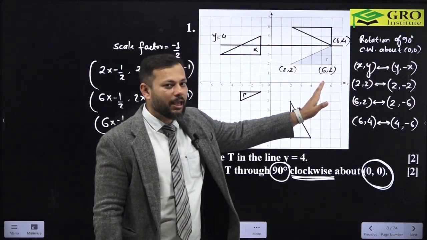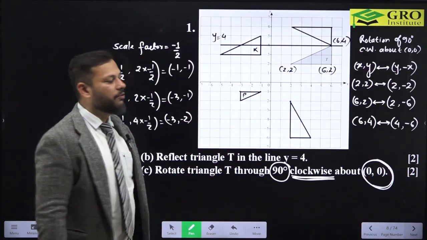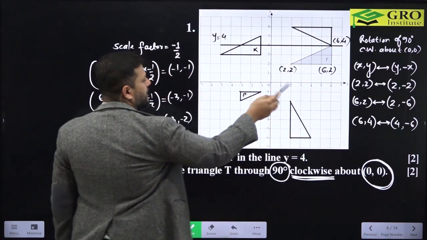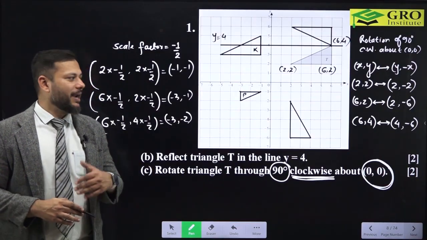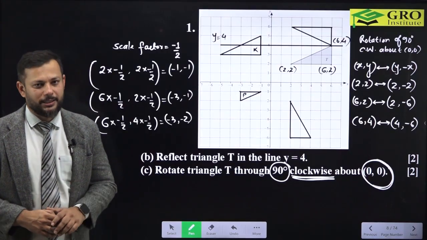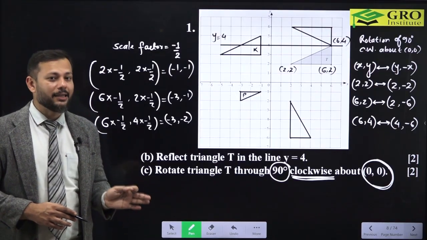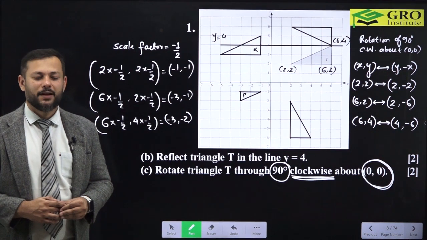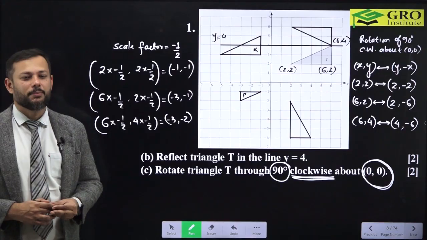We have enlarged triangle T to triangle P, and we also have done the single transformation wherein we got back T from K as well as T from P. So this question is all about the knowledge of enlargement, translation, transformation, and also the reflection. I hope you are clear with this. Note it down properly. Do look at this carefully so that you don't make any mistake in such type of questions. Now let us move ahead to the next question, that is question number 2.